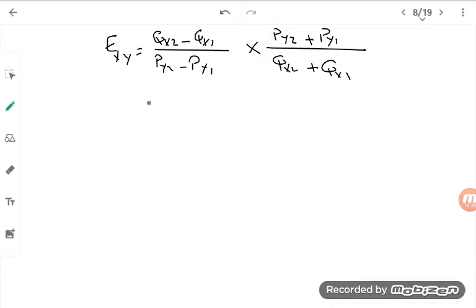The value can be positive or negative. It stands for the type of the two commodities, whether they are substitutes or complements.